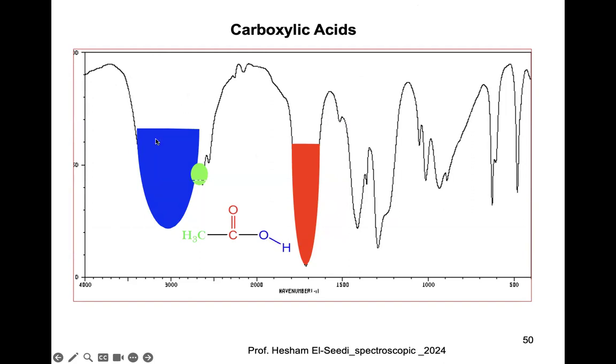The broad one is the OH, while of course the red one is the carbonyl group. Because a carboxylic group has two functional groups: OH, which is this broad one, and the carbonyl group, which is this sharp one. That's why it's the most characteristic peak in IR. If you see a broad peak, immediately we say you have a carboxylic group.